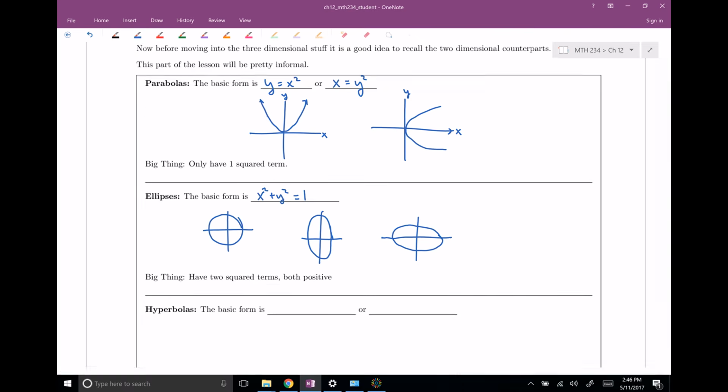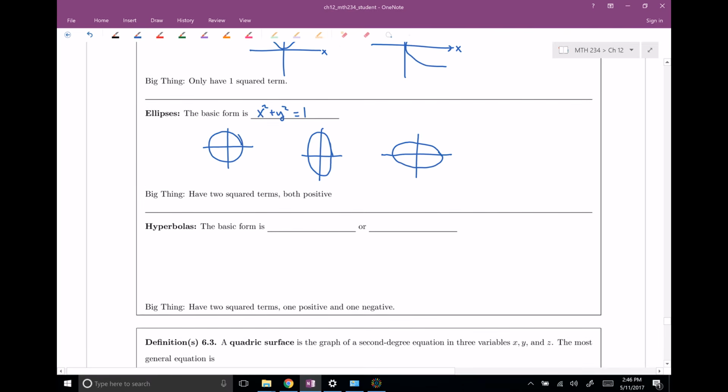Now, the final one, everyone's least favorite, hyperbolas. The basic form of a hyperbola is something like x squared minus y squared equals 1, or y squared minus x squared equals 1. So the big thing here is that you have two squared terms, one positive, one negative. Again, these are the basic forms.